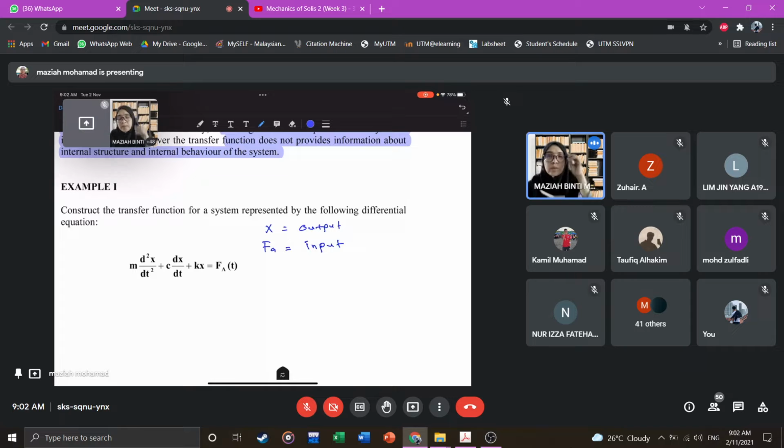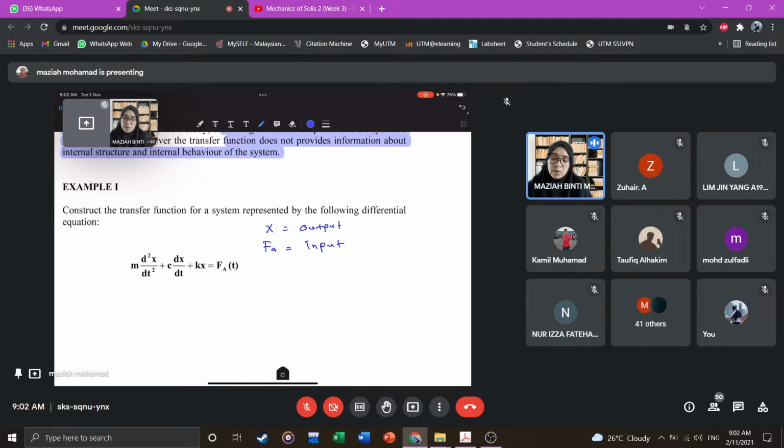So we apply FA to the system, and then the displacement x will change, based on the input given, whether the input is a pulse wave, step input, or sinusoidal input. The output will behave depending on the type of the input.